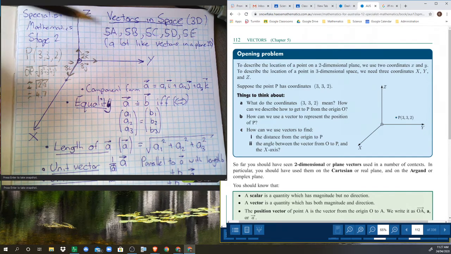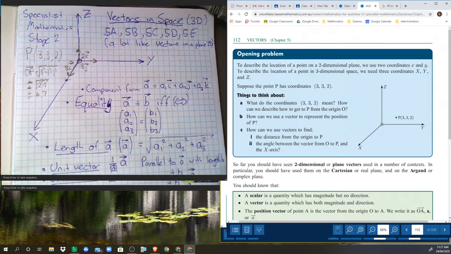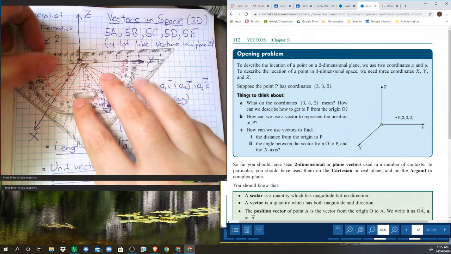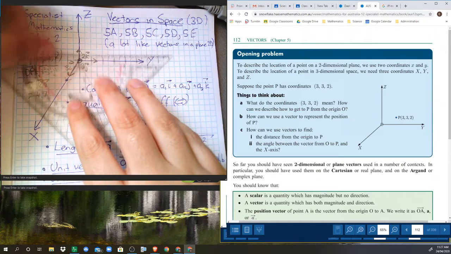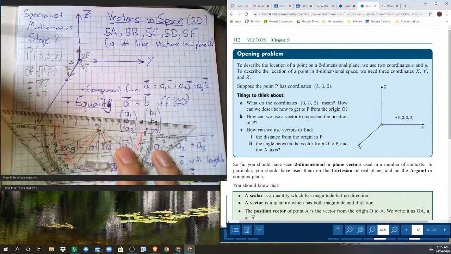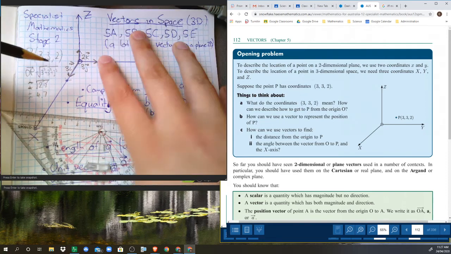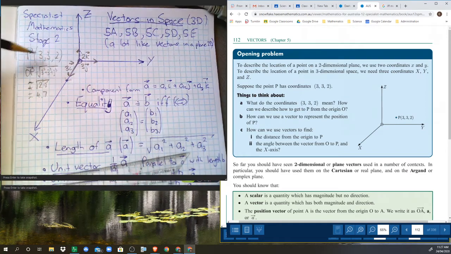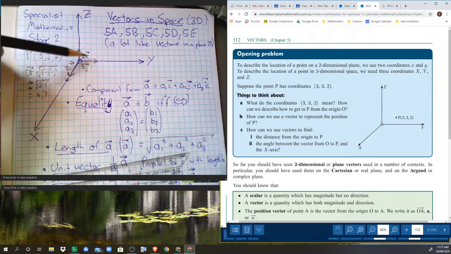But at this point, we're going to try to get our heads around what a coordinate looks like in 3-dimensional space. This is another concept we're going to come back to, because we're going to realize this is quite difficult, particularly because we're trying to draw a 3-dimensional representation on a 2-dimensional surface, the plane of my page.